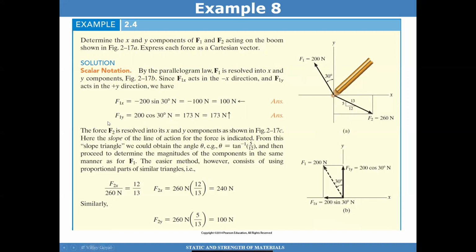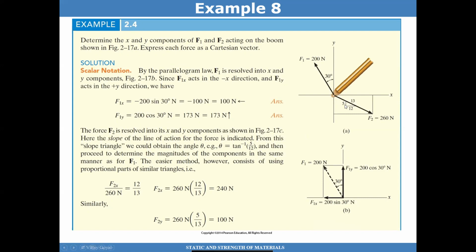The F2 can also be resolved very quickly using the same approach as we have discussed. But here they're giving you slopes. As long as you find these angles, you can follow the same process. So this is just a long way of doing it.